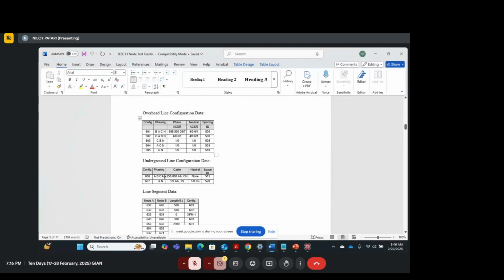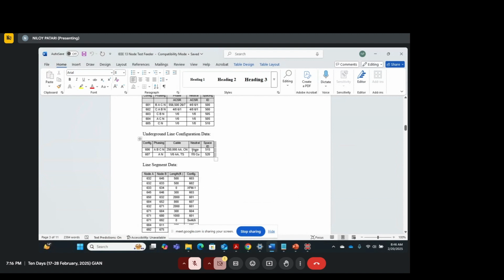And then what is the cable configuration? The cable conductor will be exactly what this code means, and you can find online what each of these configurations mean.